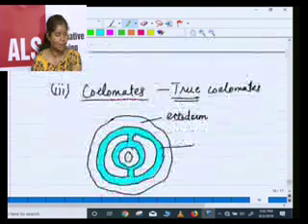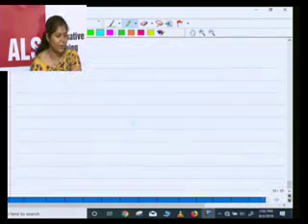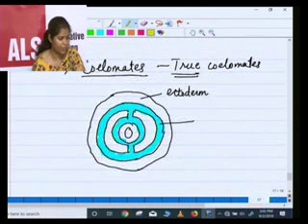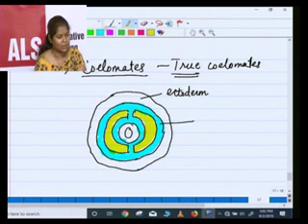Now, can you see in between the mesoderm a cavity of yellow color? You must be able to see. This yellow color is nothing but the coelom, the particular space that has been created by a true coelomate to accommodate its organs.